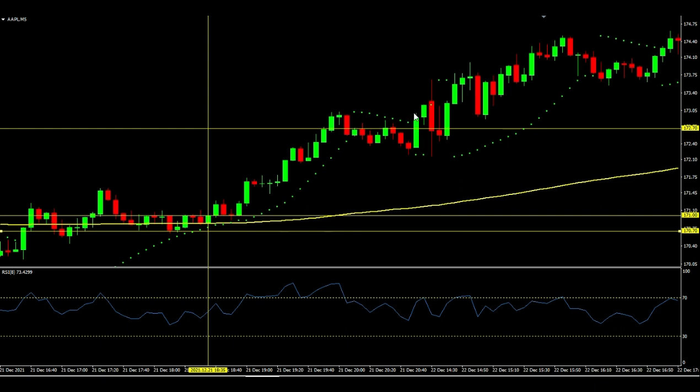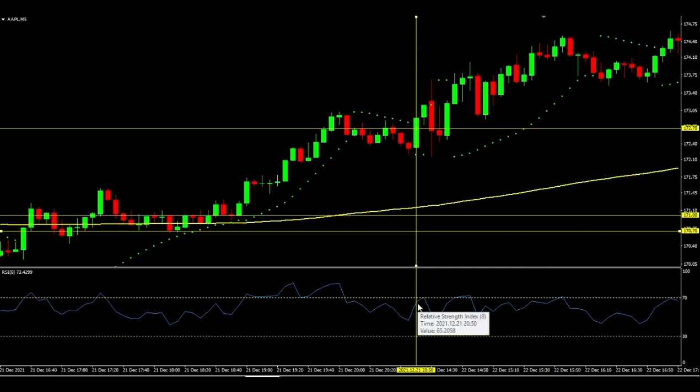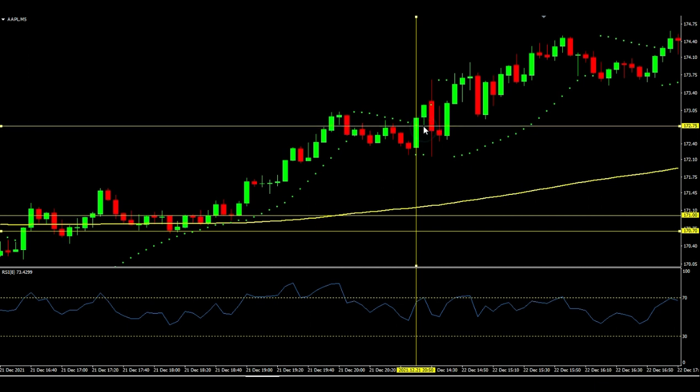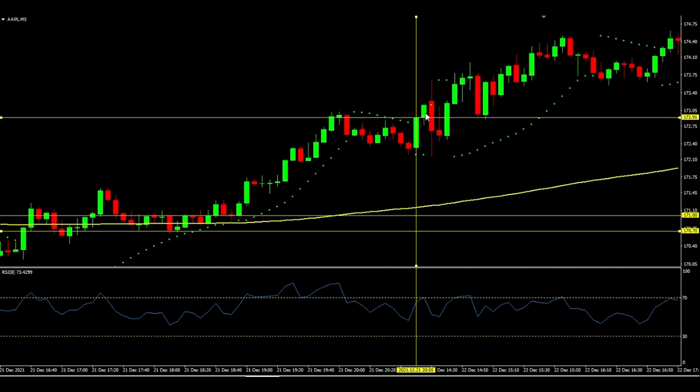Now the next parabolic SAR dot we get is here on this candle, and the RSI is confirming that the movement is an uptrend. So we're going to buy at the close of this candle and the open of this candle.